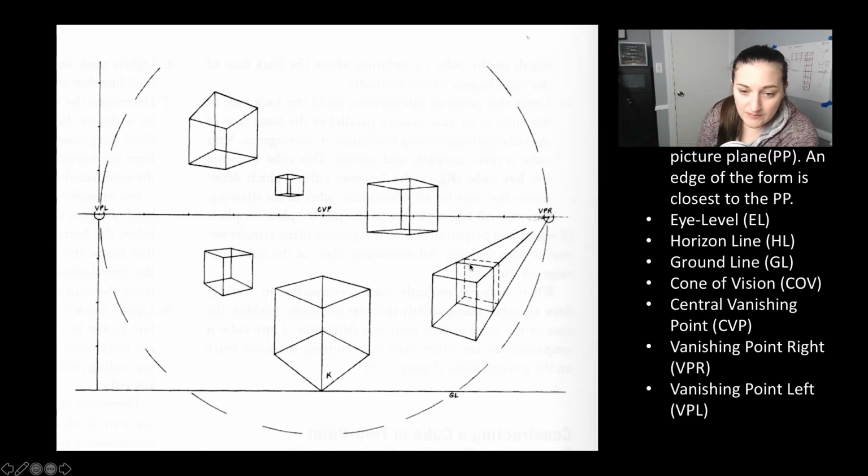Same thing for the opposite. When we move farther to the right side, we're seeing more of the left side of the object and less of the right. So when we go to estimate the depth, we will start by making this line longer than this side.